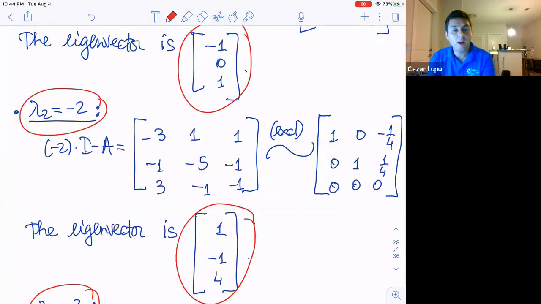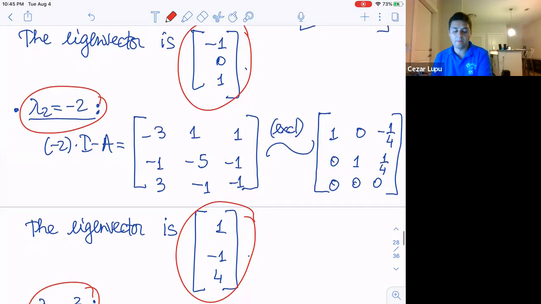And again, by elementary row operations, and I'll leave this to you as an exercise, we will obtain the following row echelon matrix: 1, 0, negative 1 fourth, 0, 1, 1 fourth, 0, 0, 0. And the eigenvector, after we solve the system, is given by 1, negative 1, and 4.